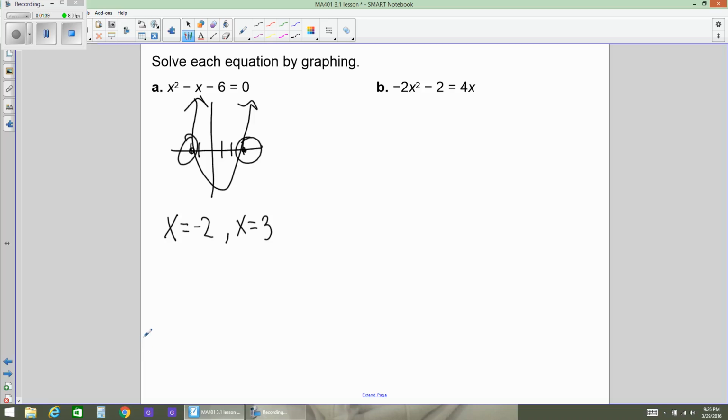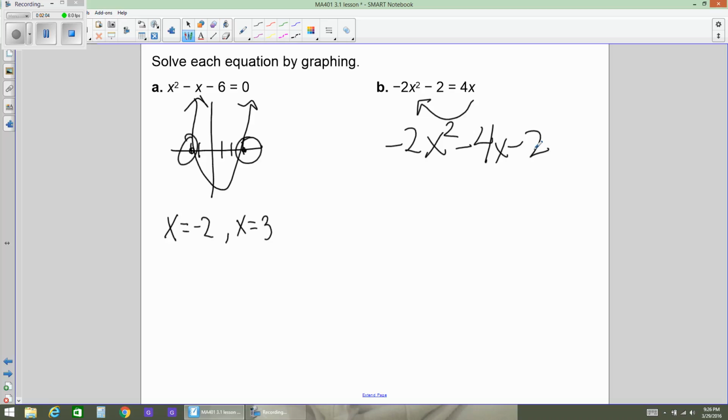Now, over here on B, we have a problem. We've got to move that 4x over before we can plug it into the calculator to graph it. So we're going to have -2x squared minus 4x, because I had to subtract it to the other side, minus 2. Grab your calculator, go to y equals, clear out what we just put in there, and go ahead and type in this new equation.